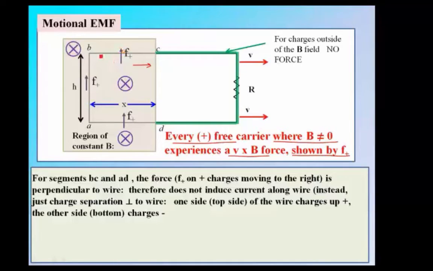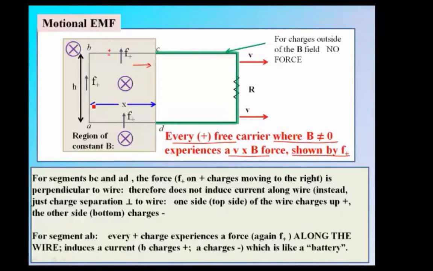In terms of the wire BC or the wire AD, you'll notice that the force is perpendicular to the wire. What that would do is shove positive charge on this side of the wire and minus charge on this side of the wire. It separates the charge, but it does not contribute to the potential push of charge around the circuit. So we can ignore these parts of the circuit.